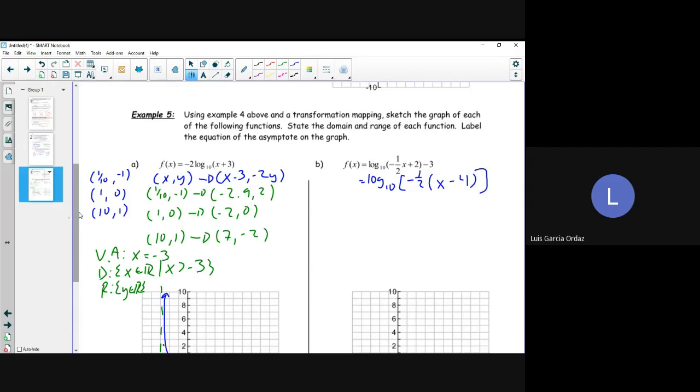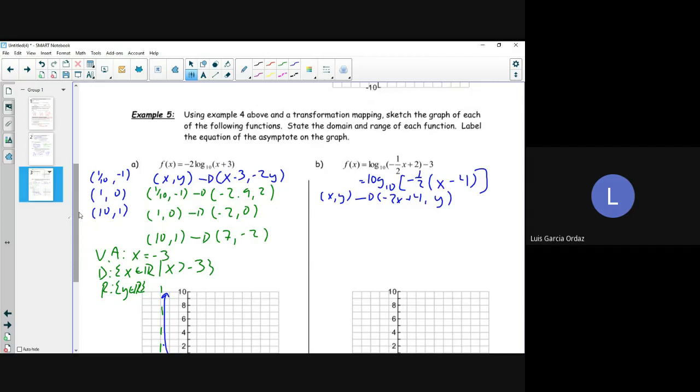What would our mapping notation look like? We have (x, y) goes to (negative 2x plus 4, y minus 3).